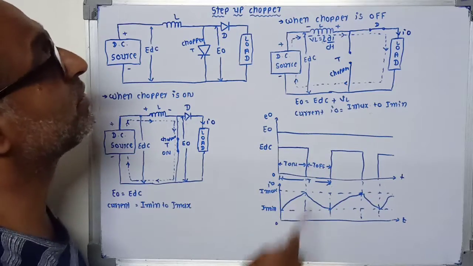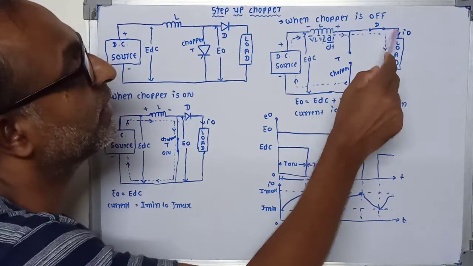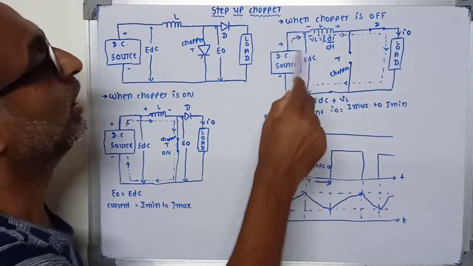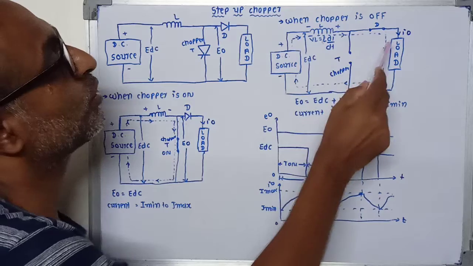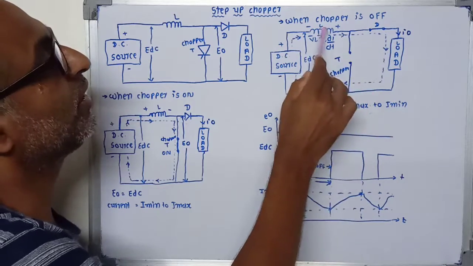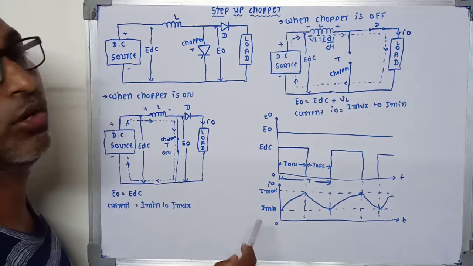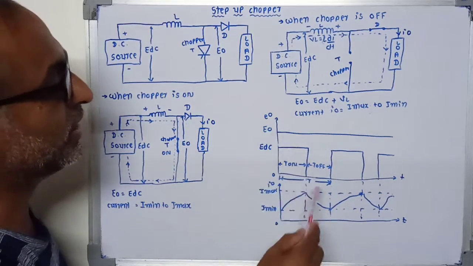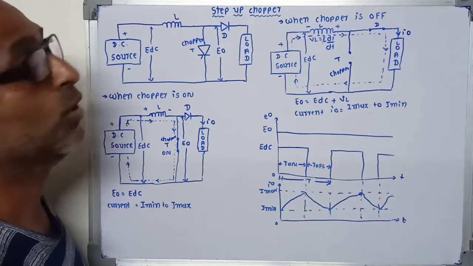Due to this reverse voltage, it will turn on the diode. So the current starts to flow from the DC source to the load through the inductor and diode D. During this period, the current exponentially decreases from I maximum to I minimum.